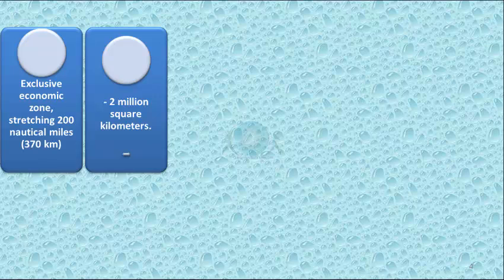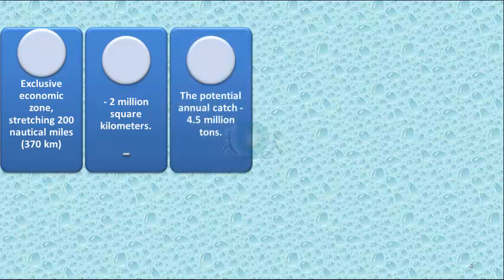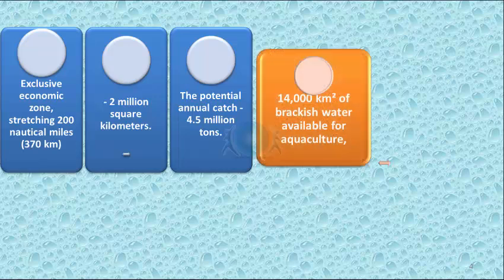That is in addition to the marine zone, and India has about another 14,000 square kilometers of brackish water available for aquaculture. And freshwater ponds and swamps also add to the potential of the fishing possibilities. And nearly 64,000 kilometers of rivers and streams are also available.